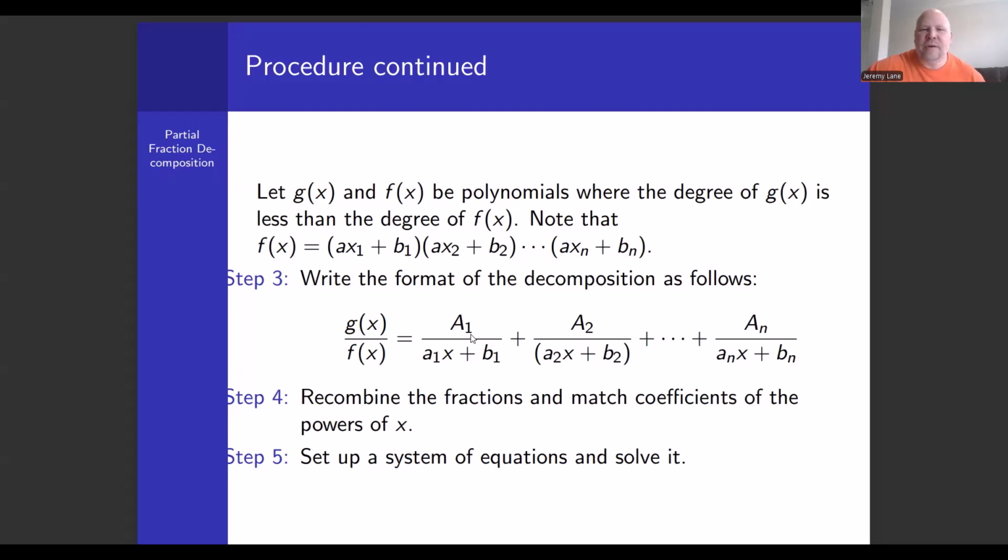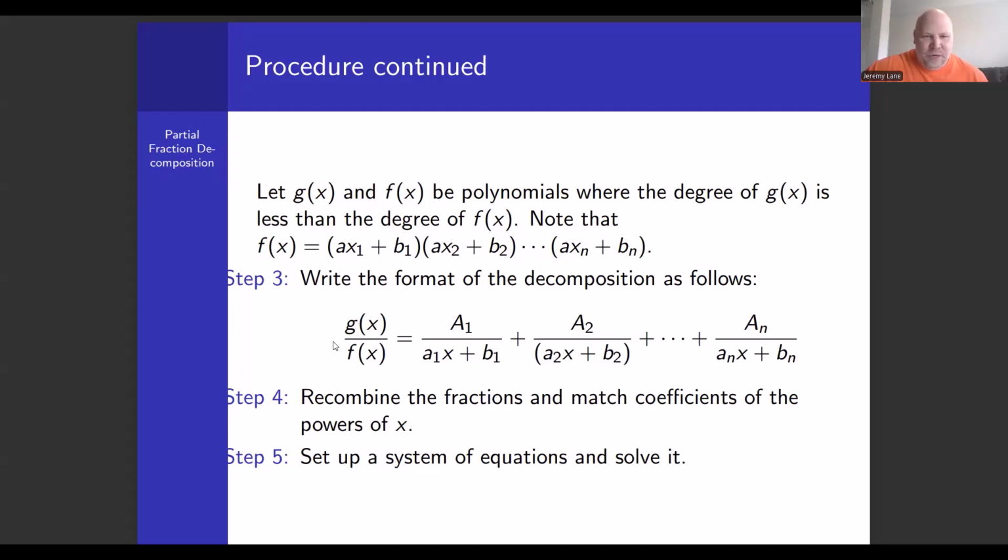We're going to find out what that number is. And we're going to divide that by one of our factors from the denominator that we found from step 2. And then we're going to add another constant. We don't know this constant. We call it A2 here. And we're going to divide that by another factor in our factorization of the denominator. And we continue this until we exhaust all of the factors.